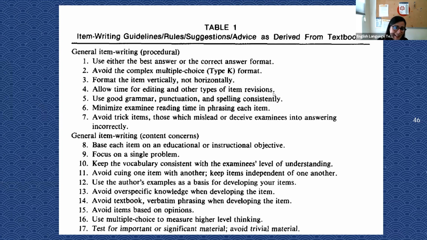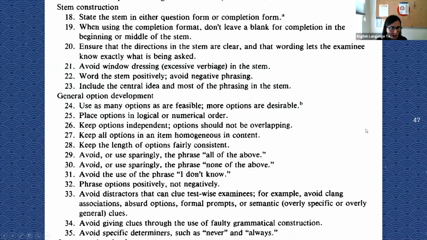And this is the one, like I said, take it with a grain of salt. There are some things here that you want to actually follow, but there are other things that may not be applicable to the type of questions that you're writing, right? But these are good suggestions in general.